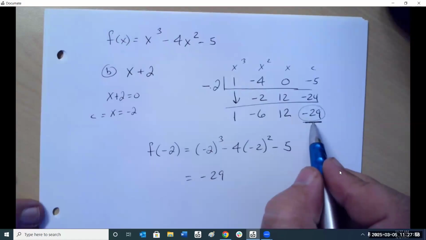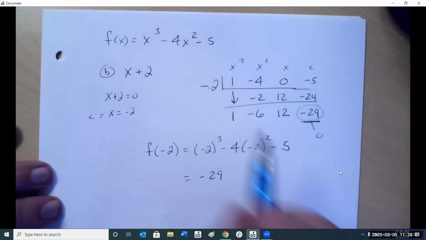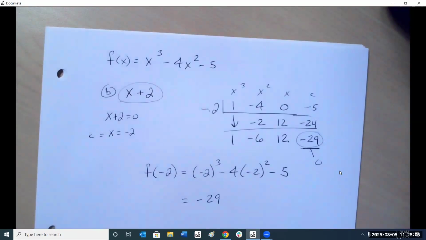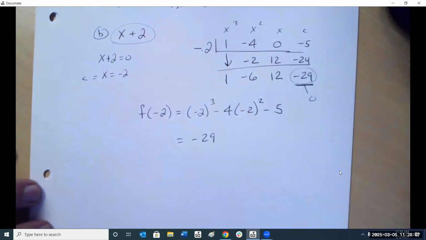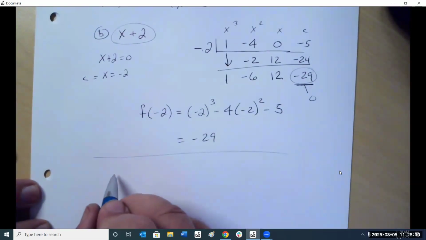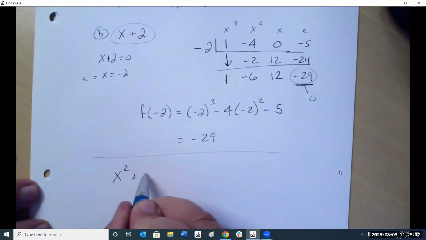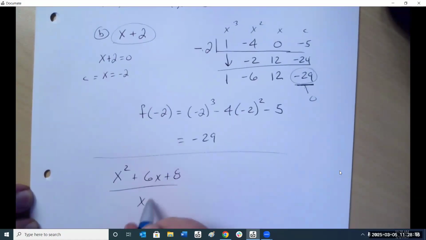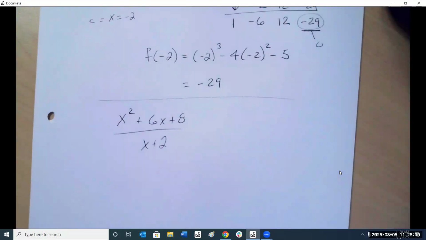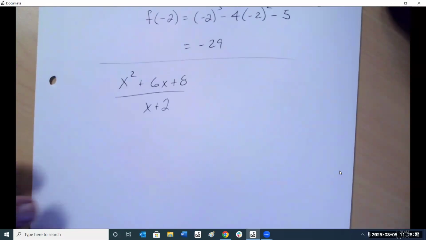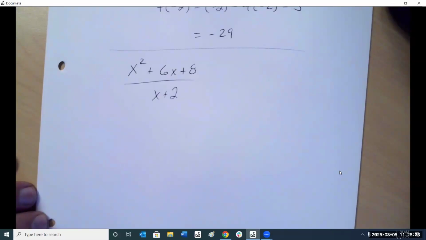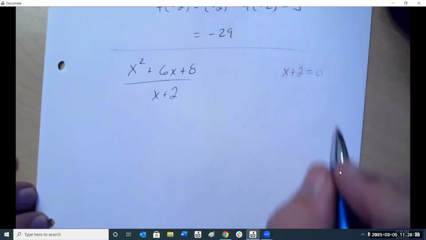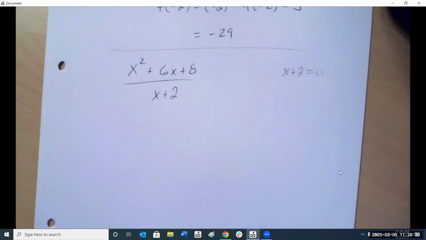Because if that was 0, then we know that x plus 2 is a factor of that. Let me show you. Let's say we had x squared plus 6x plus 8 over x plus 2. Let's use synthetic division. So first step, take the denominator, set it equal to 0.